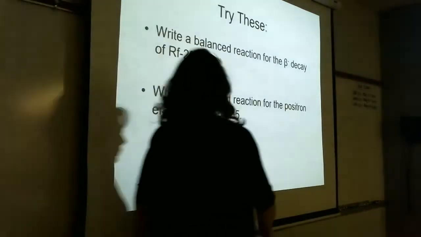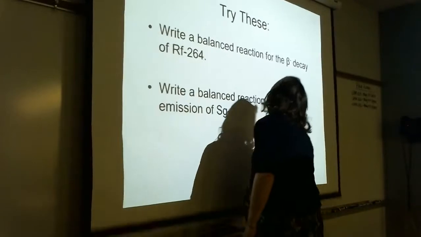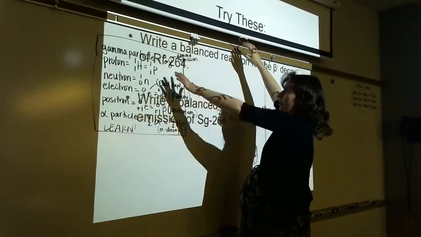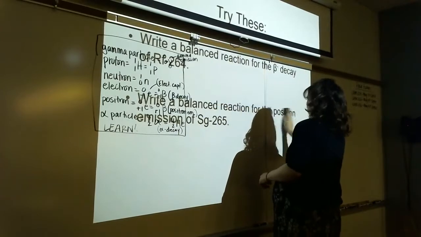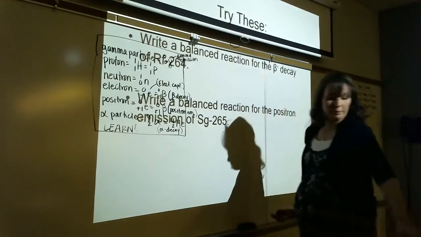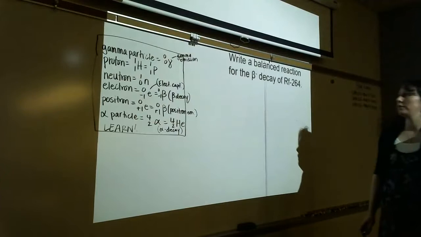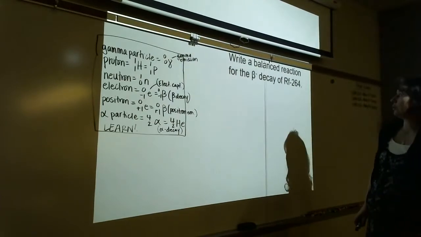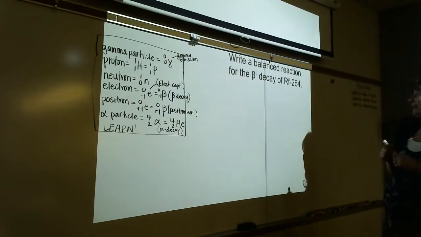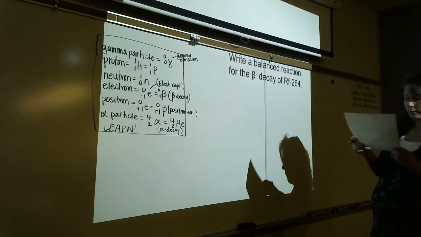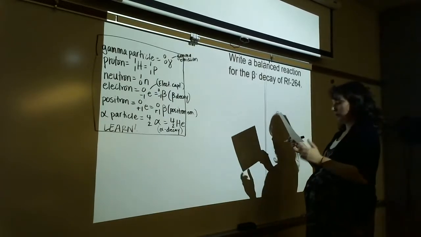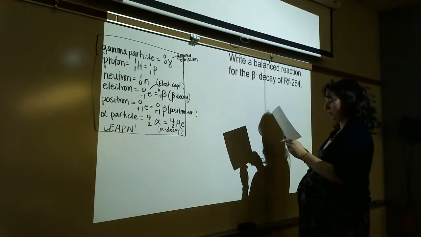We're doing more nuclear decay equations, which require us to know our alpha particles and our modes of decay, and our nuclides. So now we're doing beta decay of Rutherfordium-264.